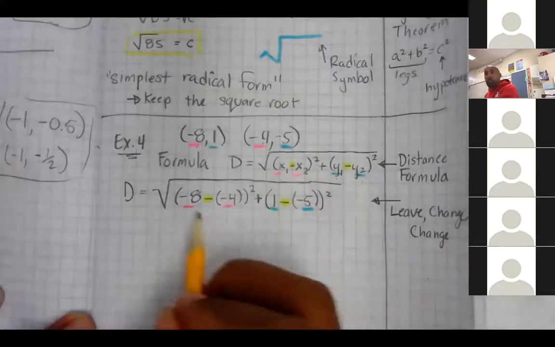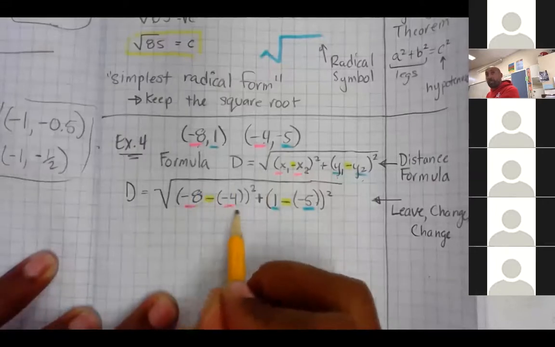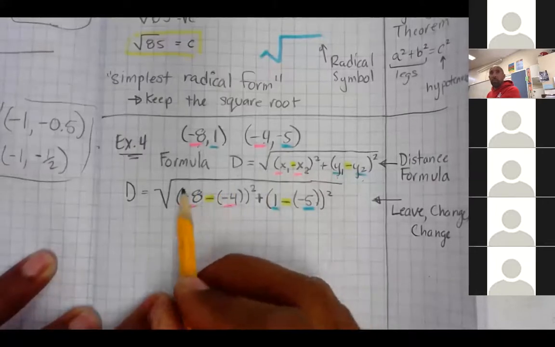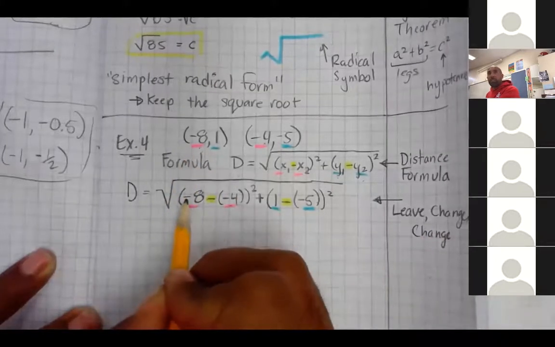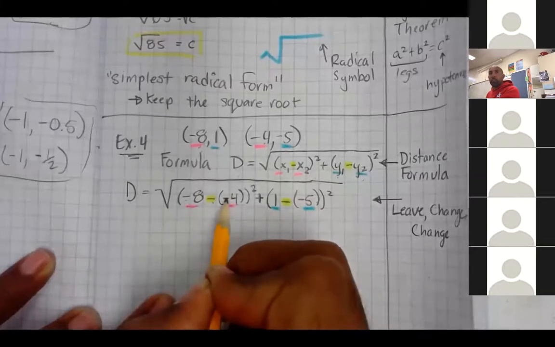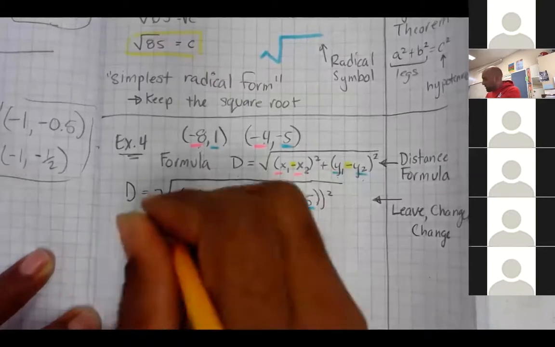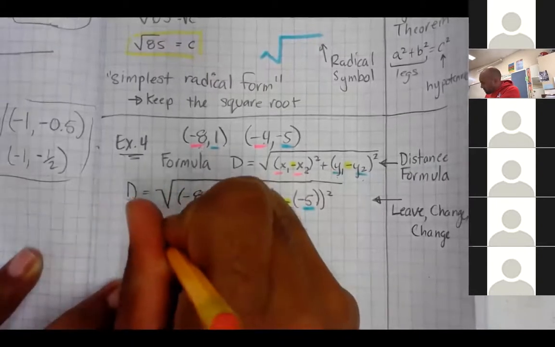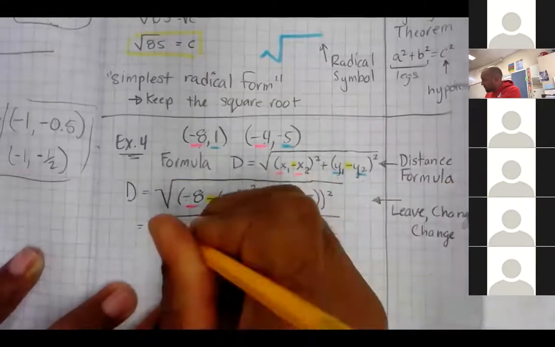So if you guys think about PEMDAS, I want to start on the inside. So parentheses first. Okay, so again, leave, change, change. I'm going to leave the first sign the same, but I'm going to change, change. So leave this negative, change the plus, change the plus. So new symbol.